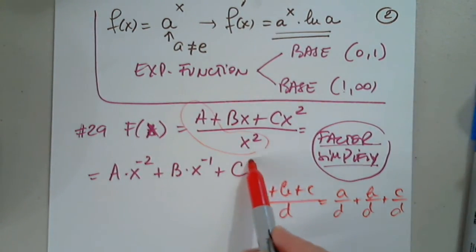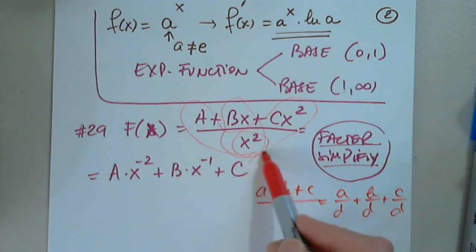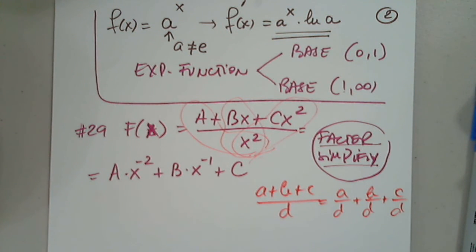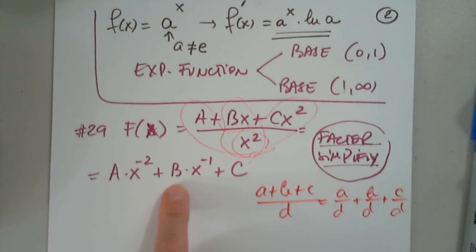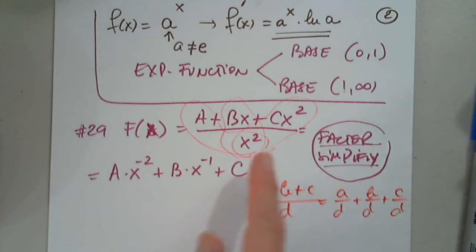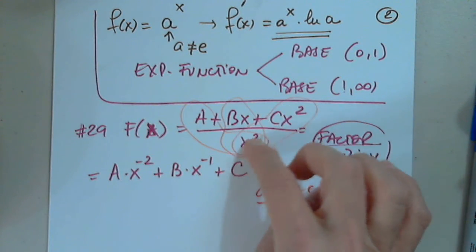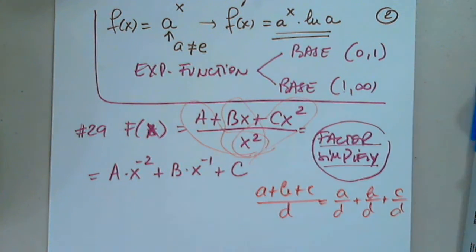This is one fraction, this is the second one, and this is the third one. So a divided by x squared, we know how to write it. bx divided by x squared, we know how to write it because I simplify an x, but I still have an x in the denominator. And here these two go away and I just have c.